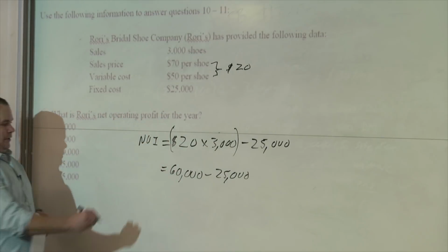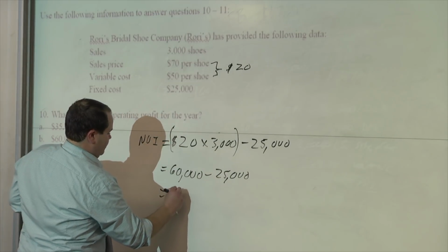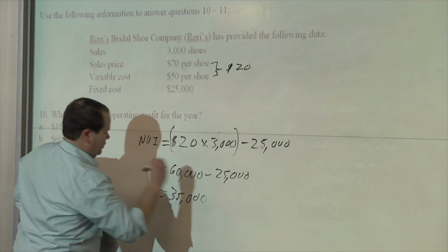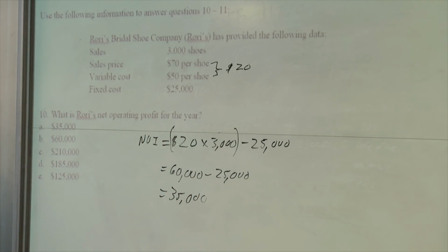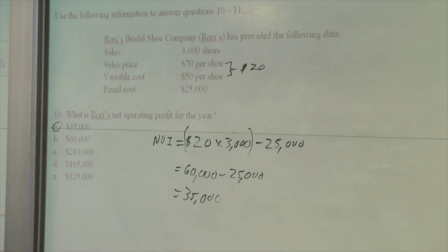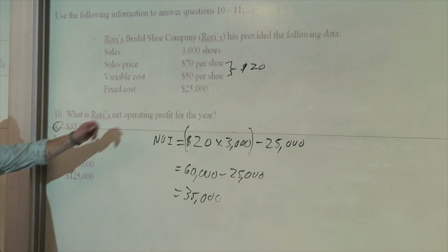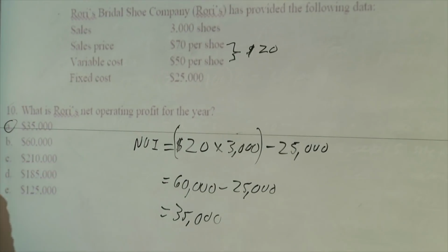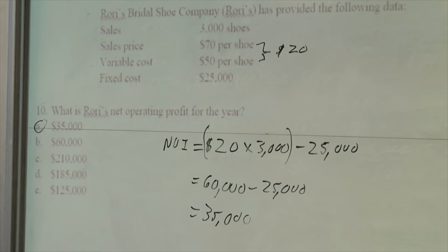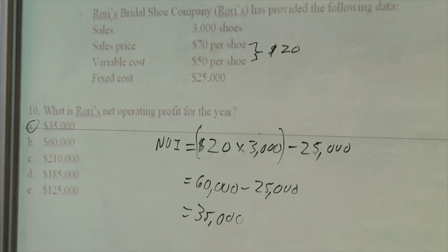And that gets us 35,000 in profit, which is choice A. So that's a relatively easy one, but just make sure you can do it, and the key is just figuring out this $20 in contribution per unit.